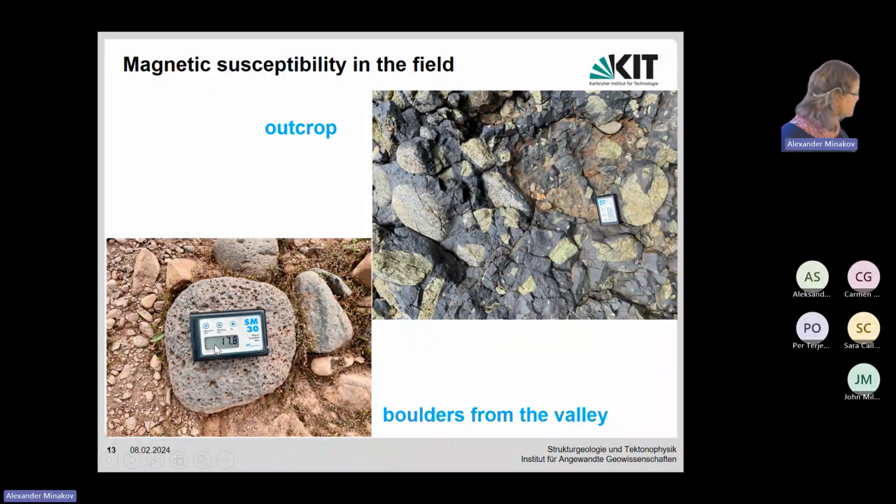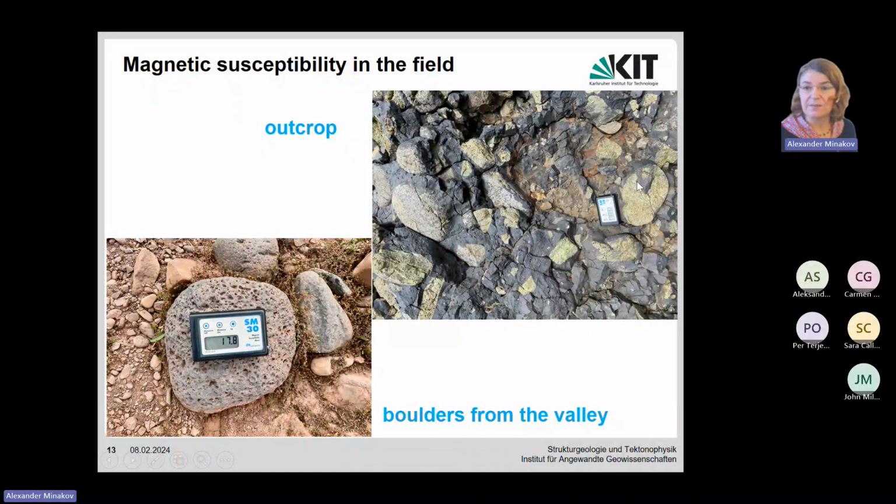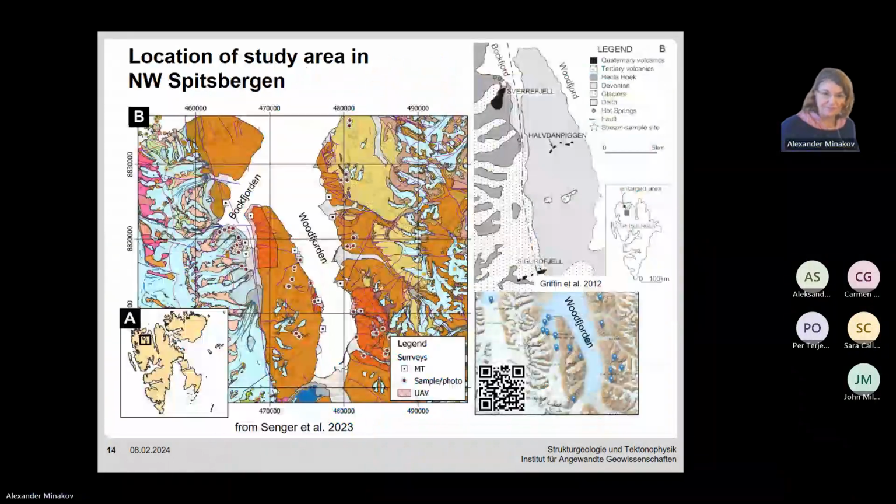So this number, 17.8 times 10 to the -3, shows you that you have a quite high magnetic susceptibility and you have titanomagnetite in your rock. And here we have a value of 0.3 for these peridotite inclusions in the basalts, showing that we have mainly a paramagnetic mineral in here.